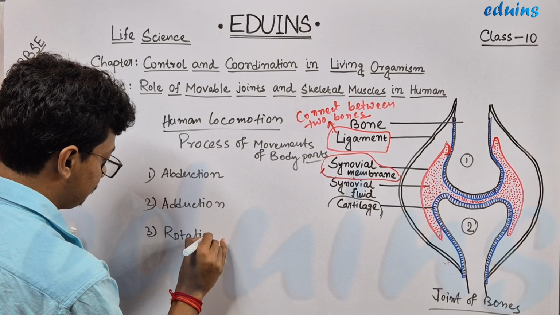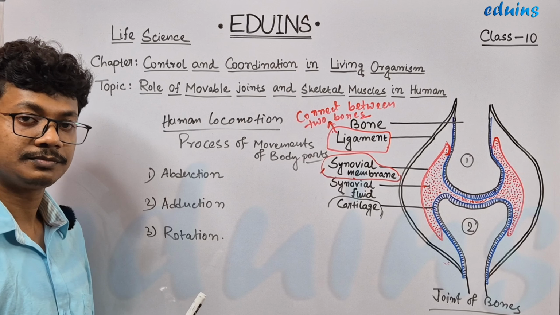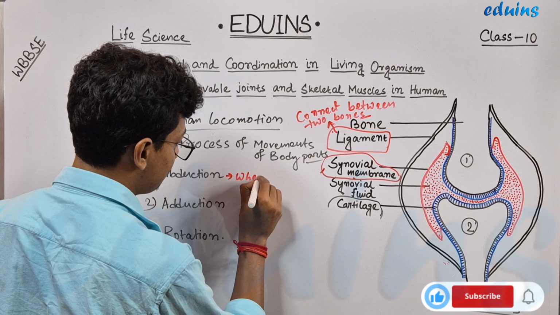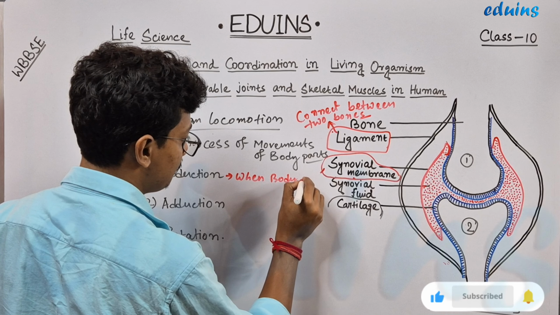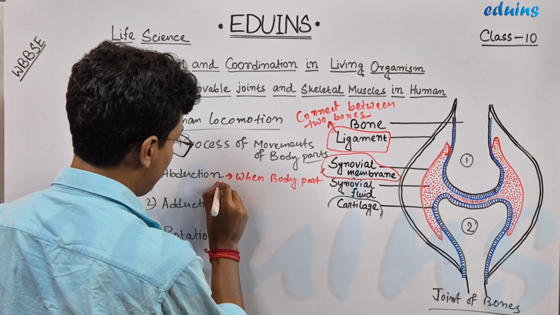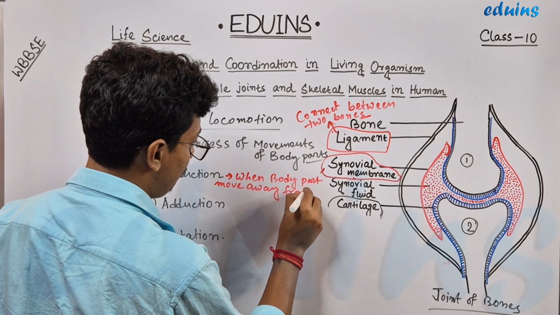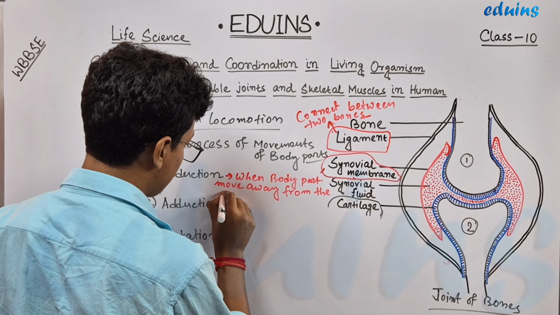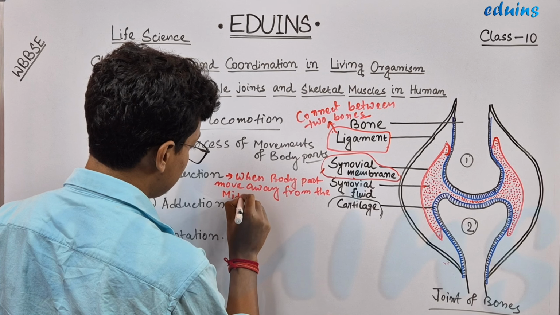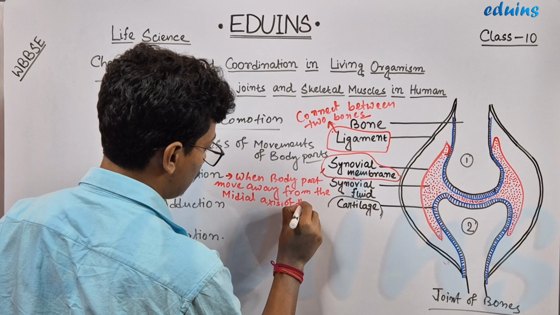Okay, so what is abduction? Abduction is the process when body parts move away from the medial axis of the body.